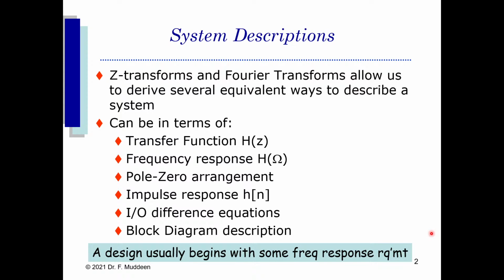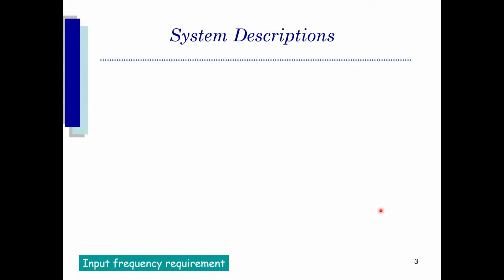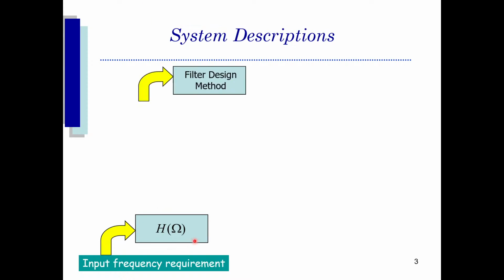Typically, any of these designs that you see here always start with some frequency response requirements, meaning that you need to design a low-pass filter or a high-pass filter with this cutoff frequency, or the system must pass the range of frequencies from this frequency to that frequency and so forth. So all these designs always start with some sort of frequency response requirements. Starting with that input frequency requirement, you get your H of omega, which is the frequency response of your design system.